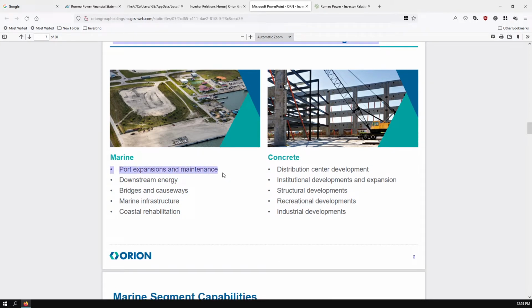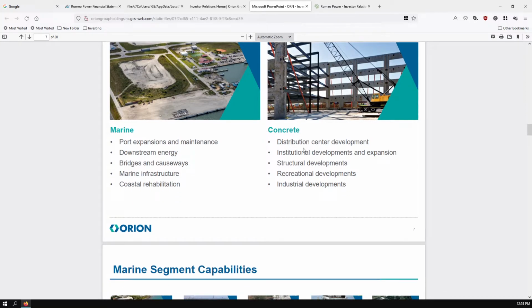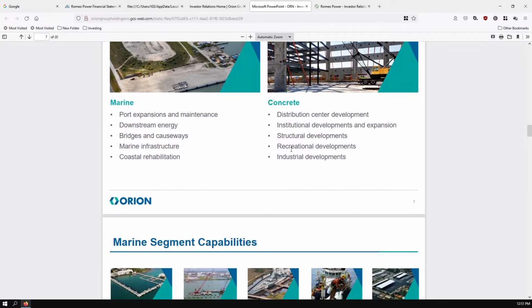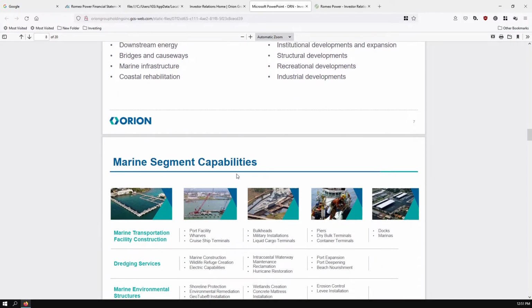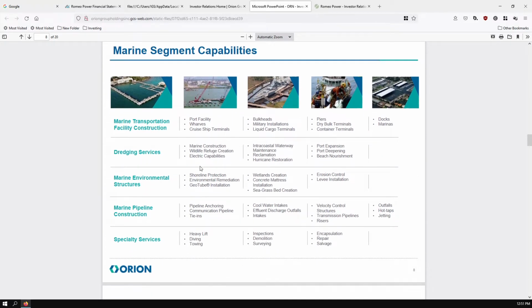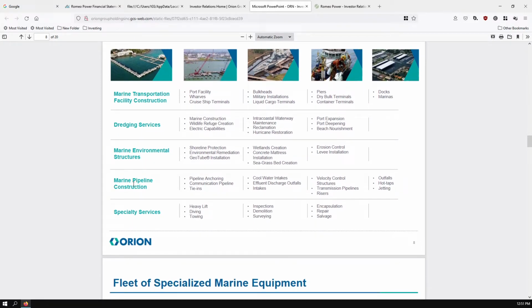They do port expansions and maintenance, downstream energy, bridges, marine infrastructure. They do structural development. They also construct pipelines, environmental structures.